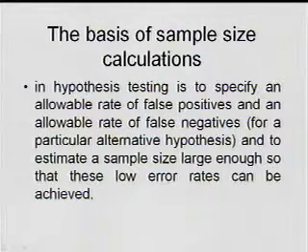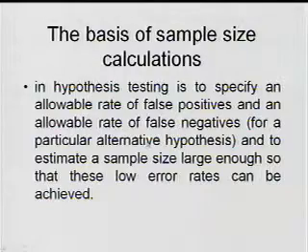So the basis of the sample size calculations in statistical hypothesis testing is to specify an allowable rate of false positives, as I said, the type 1, and the alpha value, and an allowable rate of false negatives, the type 2, the beta value, for a particular alternative hypothesis, our scientific hypothesis that we want to study.